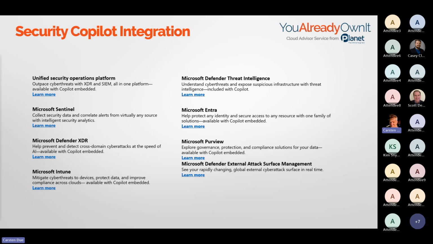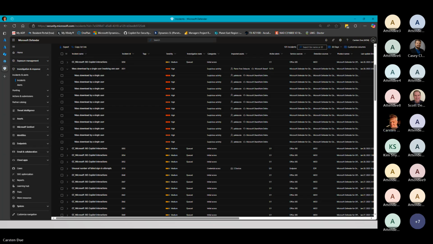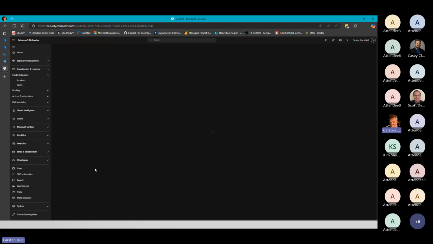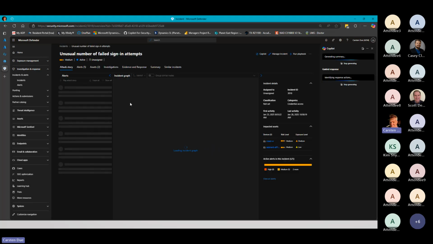So I'm going to show you a quick example of an integration here. The first time I saw this integration, it actually made me raise my eyebrows a little bit. So I'm going to take an event that has more than a few alerts with it.